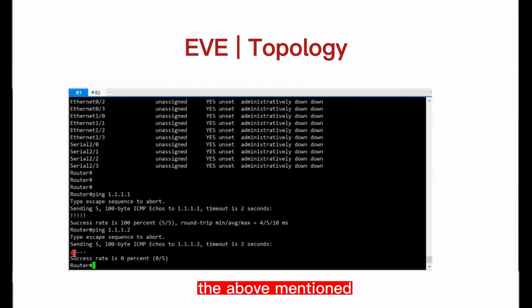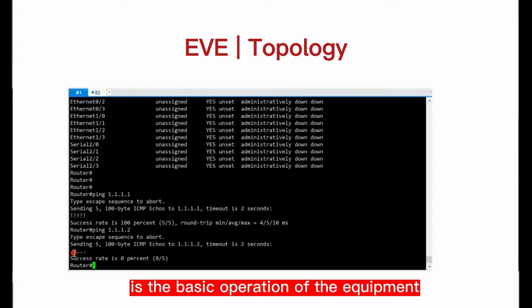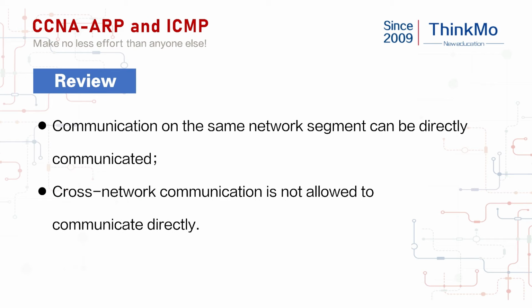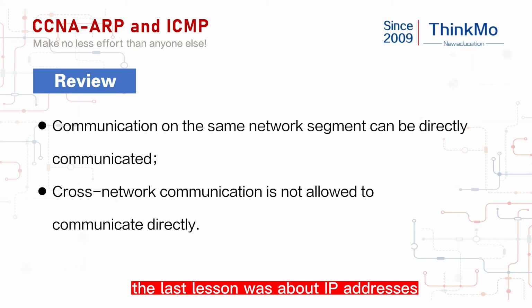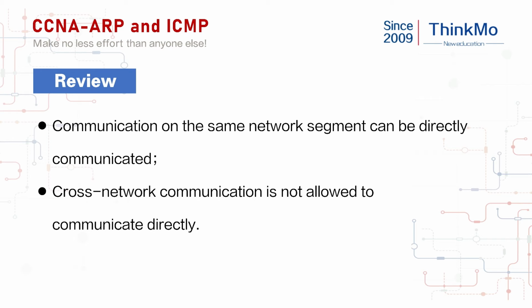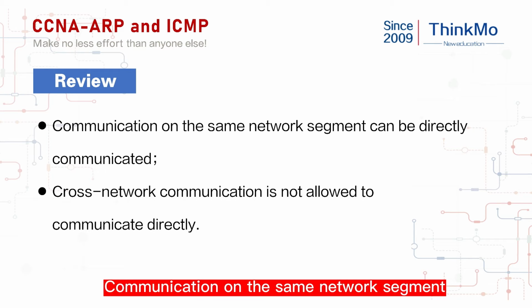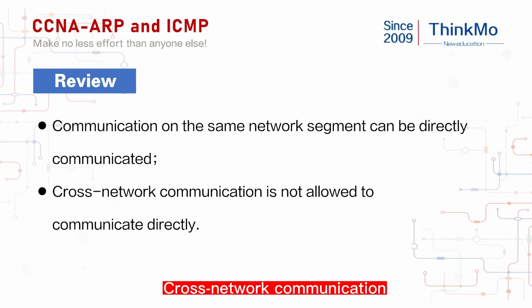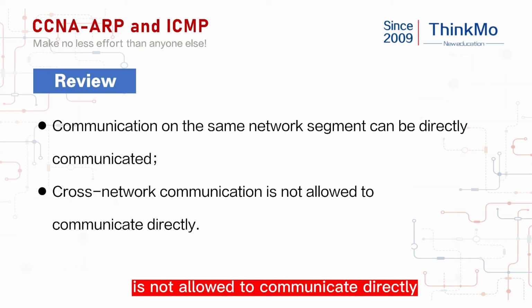The above mentioned is the basic operation of the equipment. Next I will talk about some new knowledge. The last lesson was about IP addresses. There is a core knowledge point, I don't know if you still remember: communication on the same network segment can be directly communicated, while cross-network communication is not allowed to communicate directly.